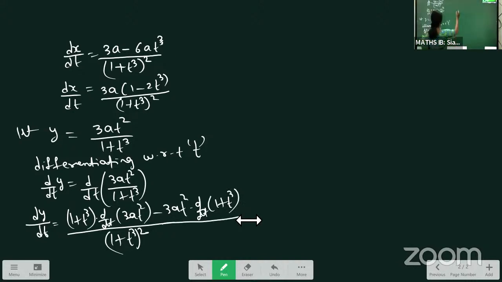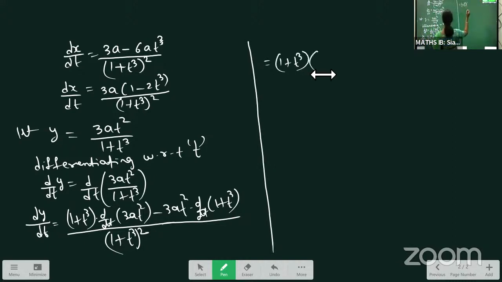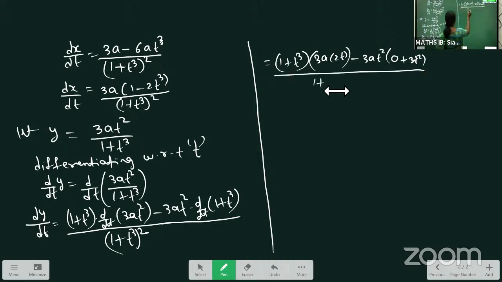So (1 plus t cube) into 3a as it is, derivative of t square is 2t, minus 3at square as it is, derivative of 1 is 0, plus derivative of t cube is 3t square, divided by (1 plus t cube) whole square.